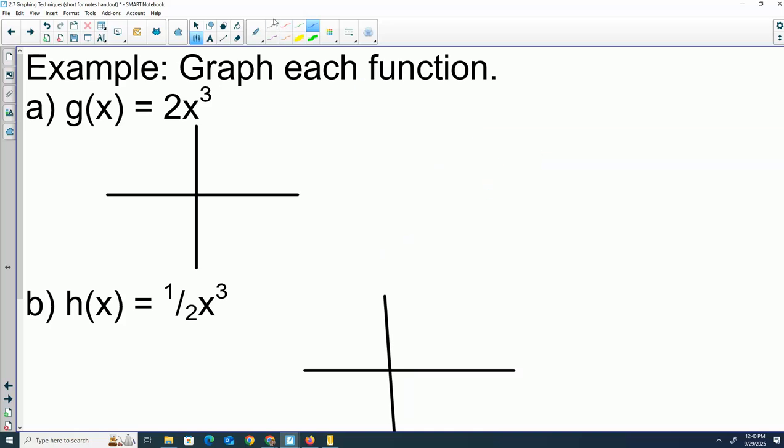So my parent function is just, remember last week talking about x cubed? So we should all be able to get some points on that. 0 cubed is 0. 1 cubed is 1. -1 cubed, -1. You can certainly do more.